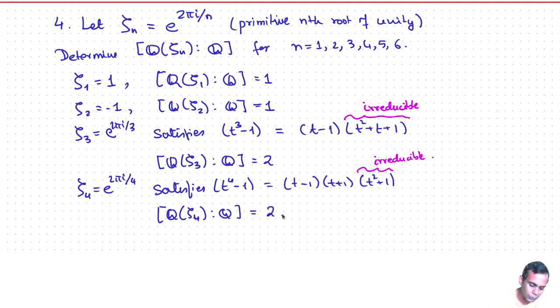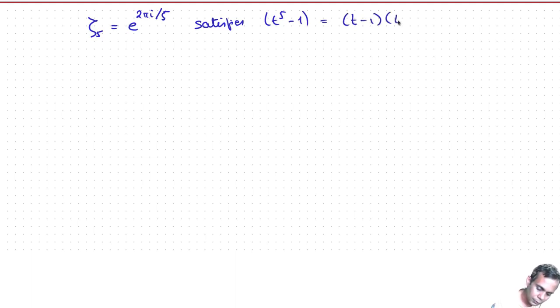Okay, and now let's go to zeta to the power 5. So zeta 5 is e to the 2 pi i over 5, and this satisfies t to the 5 minus 1, which I can write as (t minus 1) into (t to the 4 plus t cubed plus t squared plus t plus 1).